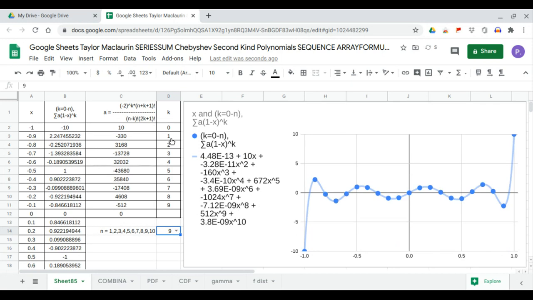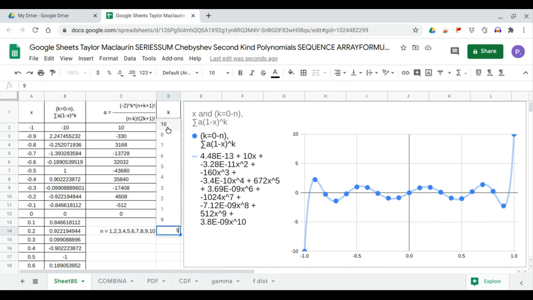At n equals 9, the value for y is 10x minus 160x cubed plus 672x to the fifth minus 1024x to the seventh plus 512x to the ninth.